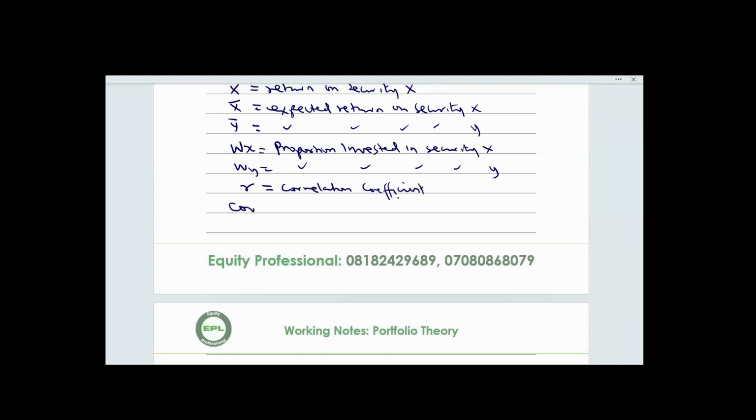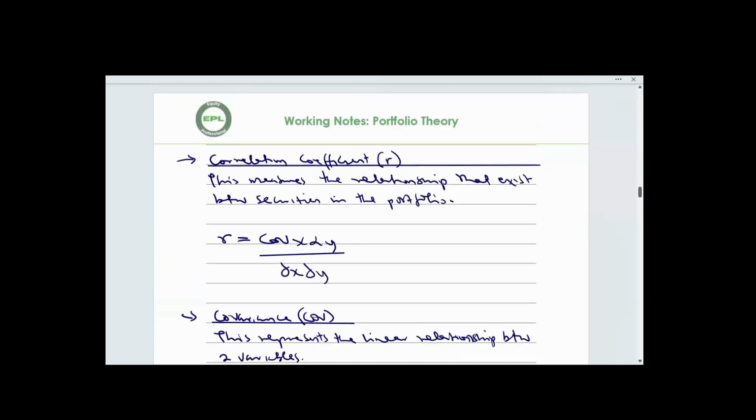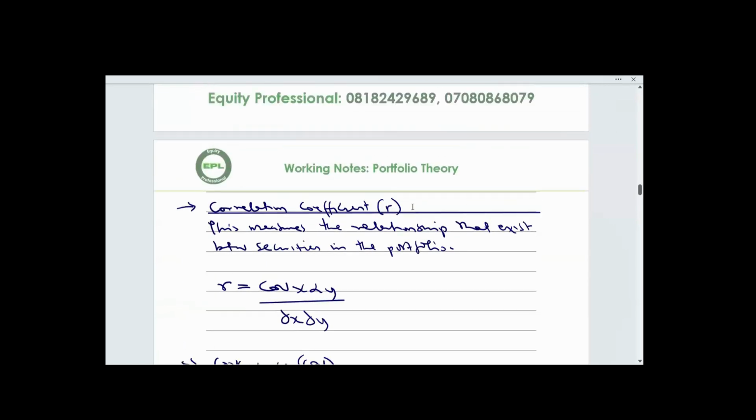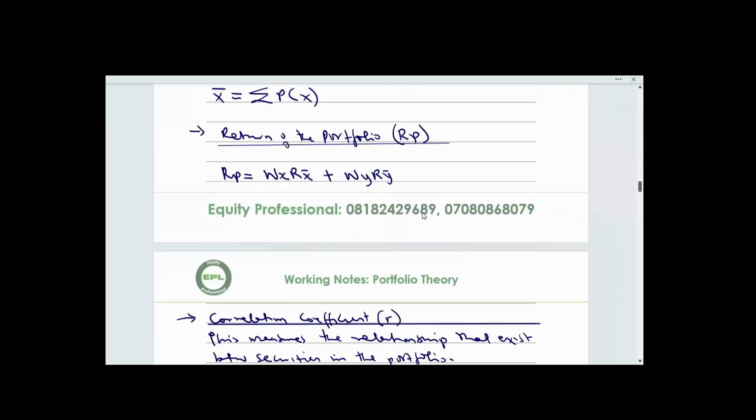Then we have COV X and Y, which is the covariance between securities X and Y. DX is the standard deviation of X.